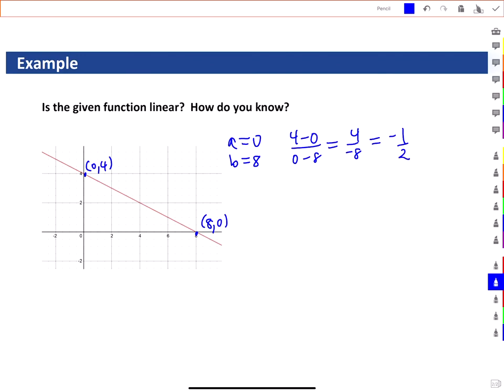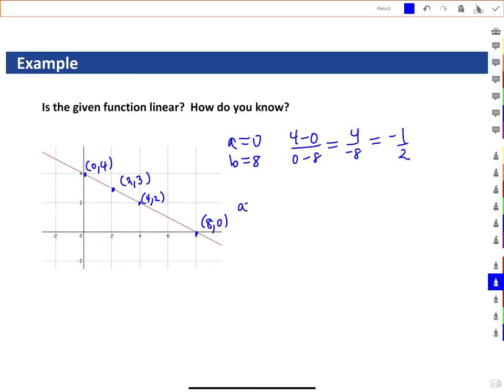I definitely see a lot more nice points on this one, so let's pick another set. This one looks pretty nice, that's the point 2, 3, and this one looks pretty nice, that's the point 4, 2. Again, if this is linear, which my gut's telling me it is, then when I do my average rate of change again, I should get the same thing we got up here, which was negative 1/2.